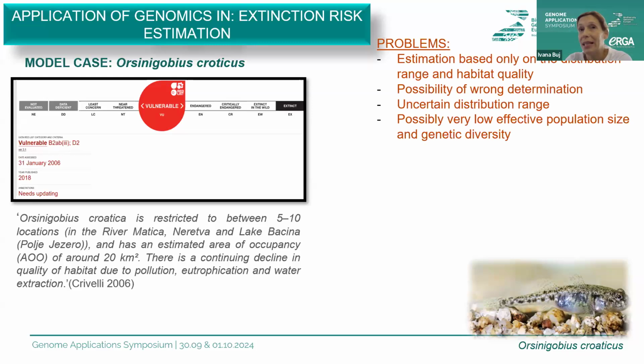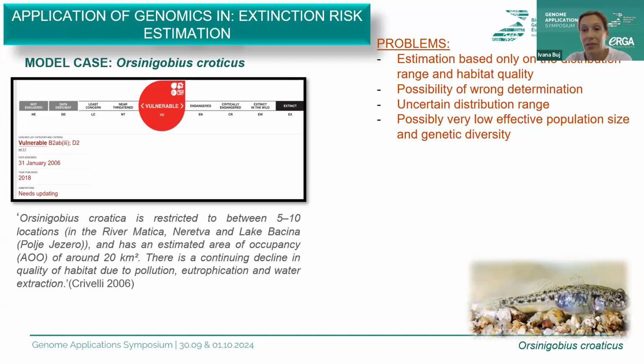So from that, it comes that the number of locations is questionable, because some populations that were determined as Orsinigobius croaticus might be completely different species, only morphologically similar, or some populations of Orsinigobius croaticus might be neglected in the estimation. And the number of locations makes a very big difference when we use criterion B. So it's very different if the number of locations is 1, 6, or 11.